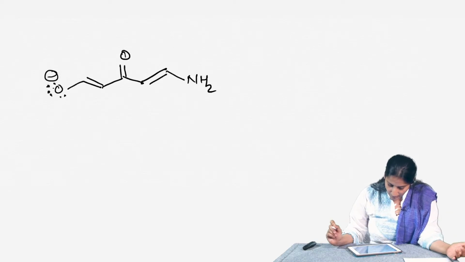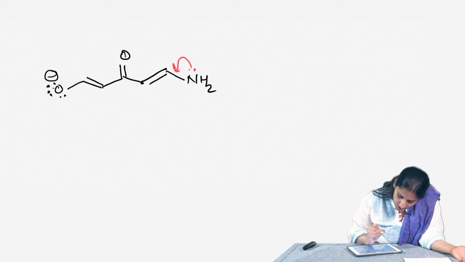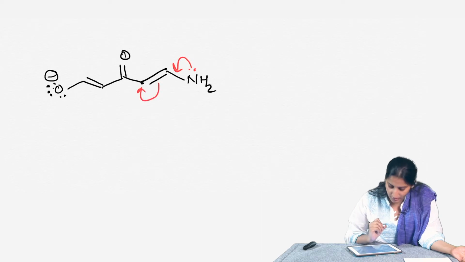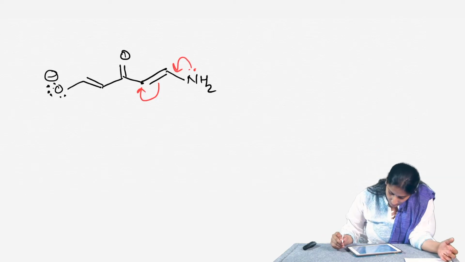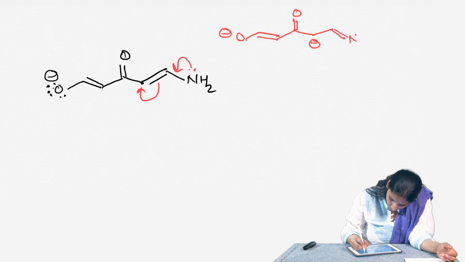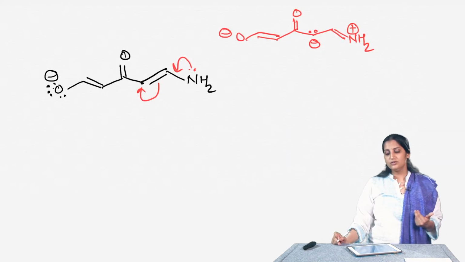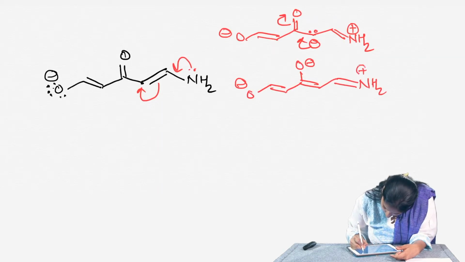In this case again you have the resonance structures for this particular molecule. Now, the nitrogen can donate its electrons here and that will make this particular carbon move its pi bond from that double bond in between, right. This will give rise to this particular structure. I can continue doing this: this particular electron pair can go here and that can go up and you can form this structure.